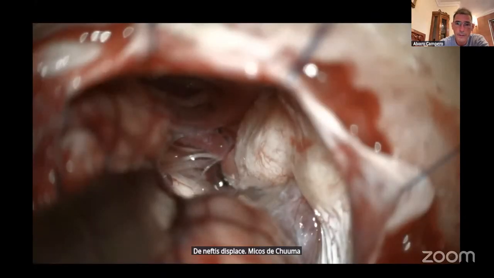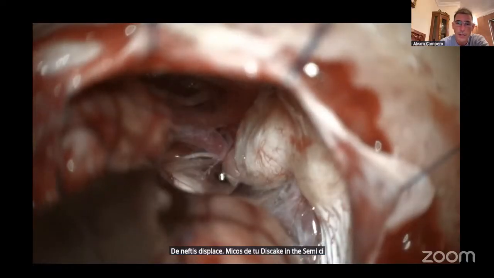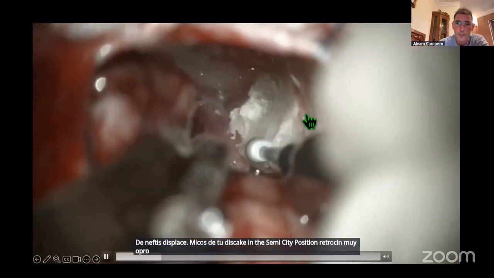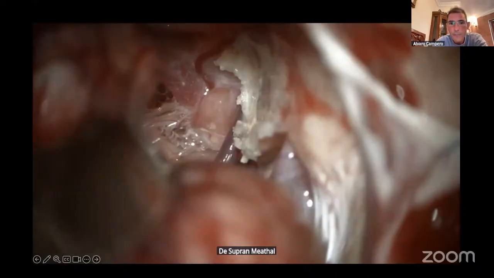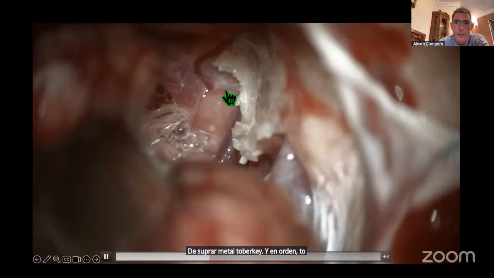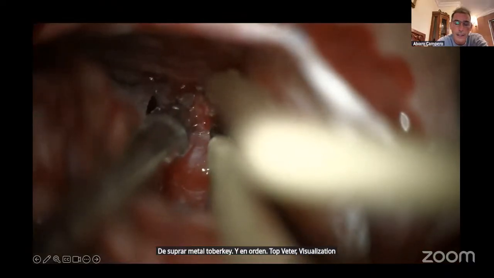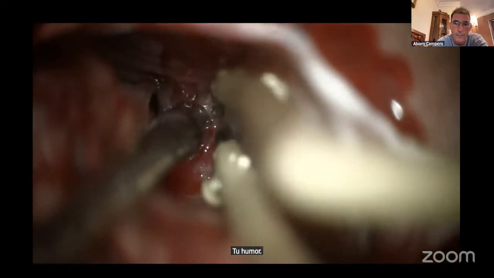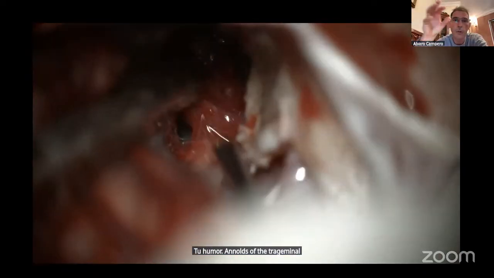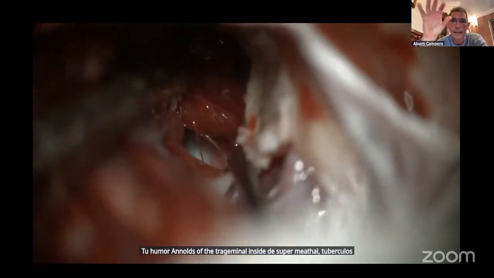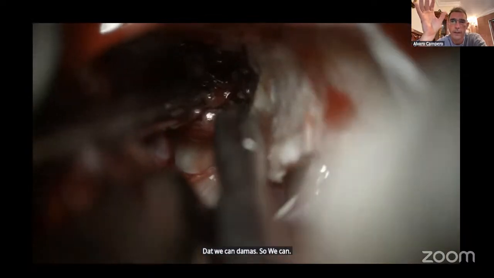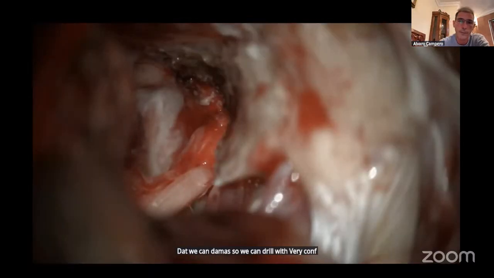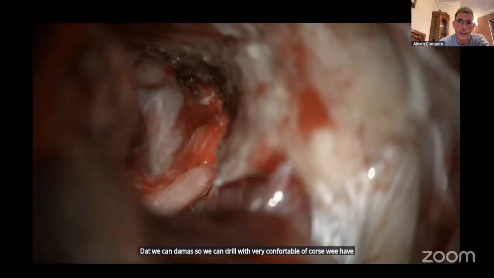So in this case, in the semi-sitting position, retrosigmoid approach, on the right side, we are drilling the suprameatal tubercle in order to have a better visualization of the tumor and also of the trigeminal nerve. Inside the suprameatal tubercle, we don't have anything that we can damage, so we can drill very comfortably. Of course, we have to take care of the 7 and 8 cranial nerve.